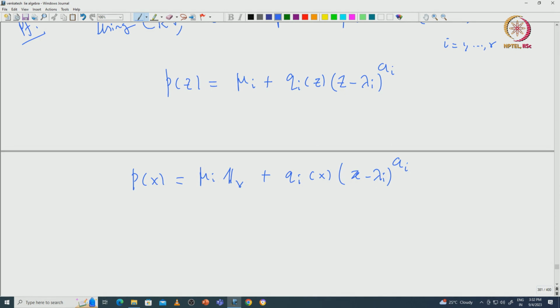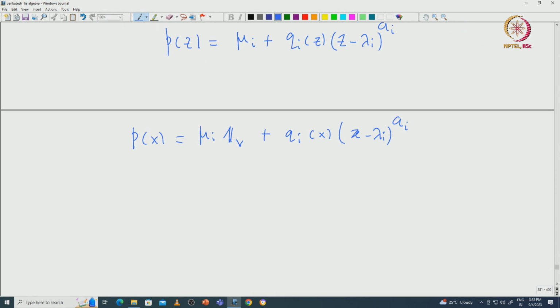So now if I take some vector small v in capital V i, and evaluate P of x on v i, then you get exactly mu i v i plus q i of x times (x minus lambda i) power a i applied to v i, for some small v i in capital V i.